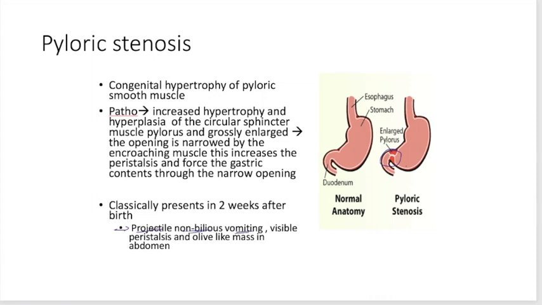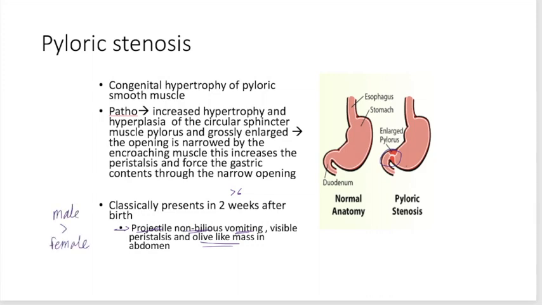And then there's also visible peristalsis on the child's abdomen, and you will find an olive-like mass in the abdomen, which is related to the hypertrophy and hyperplasia of the sphincter. This does typically present within 2 weeks, but up to 6 weeks after birth, usually happening in the male population more than the female.